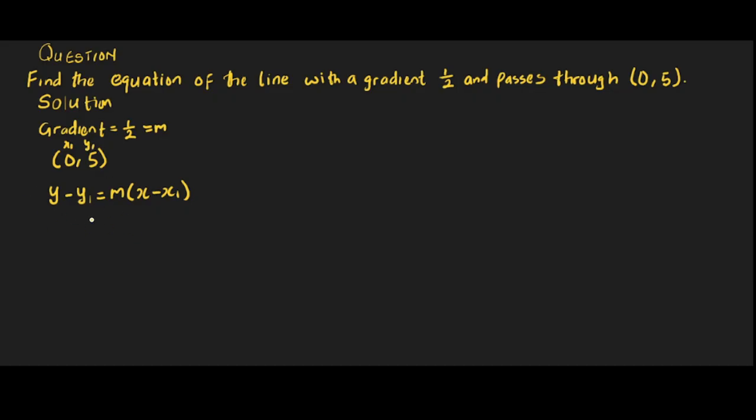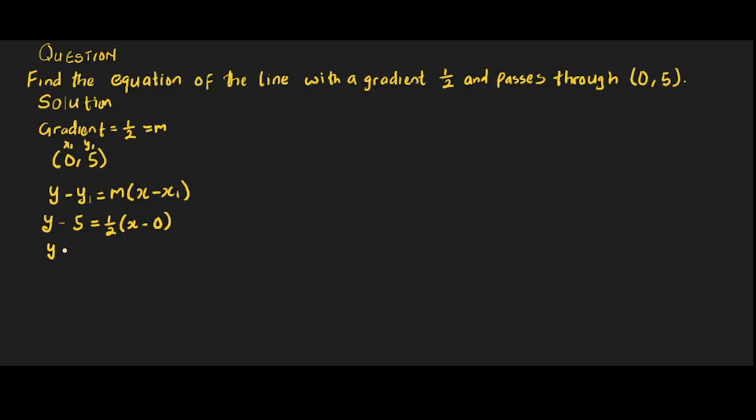Then substitute this into this equation. Then we have y minus our y1, which is 5, equals our m, which is 1 over 2, open bracket our x minus x1, which is 0.